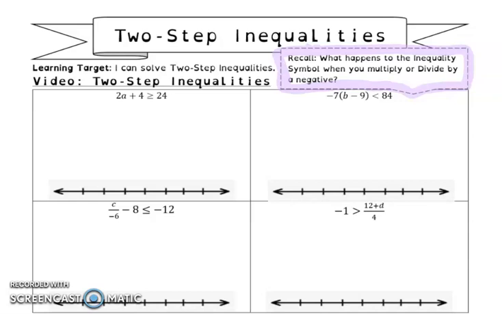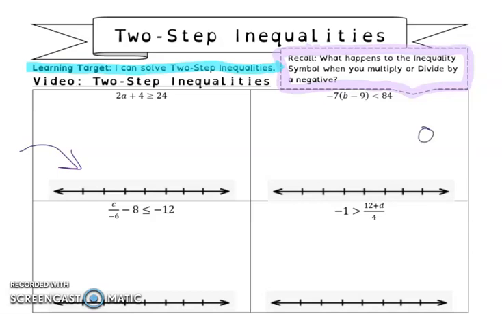Our learning target today is that I can solve two-step inequalities. So we are going to be using those symbols: greater than, less than, greater than or equal to, and less than or equal to. And because we're doing inequalities, we are going to have to be using our graphs today, which means we need to remember, are we using an open dot or are we using a closed dot?